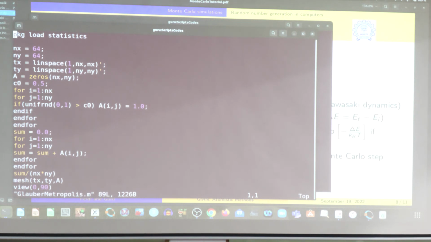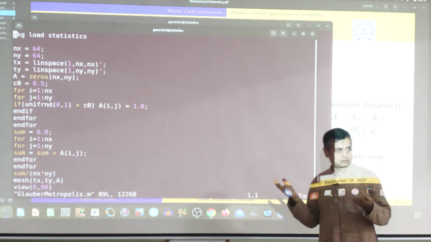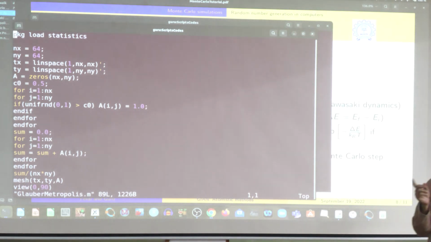Okay. Now, my overall composition is 0.5, that is overall number of up spins or down spins is 0.5, or overall number of A atoms or B atoms is 0.5. So, that is what C0 means. It is given the name C0 because it is like composition at the beginning, that is why C0, simulation beginning. Okay.